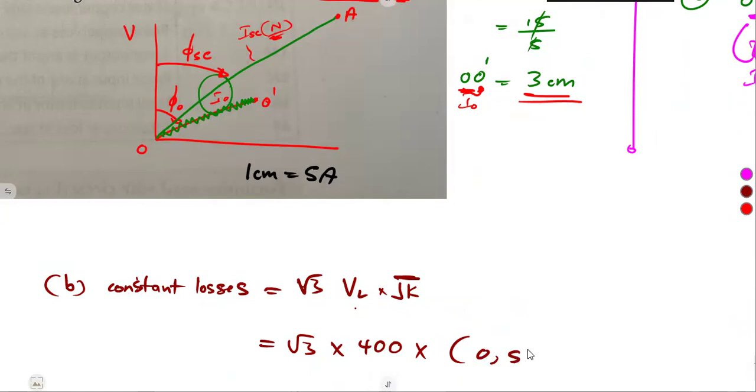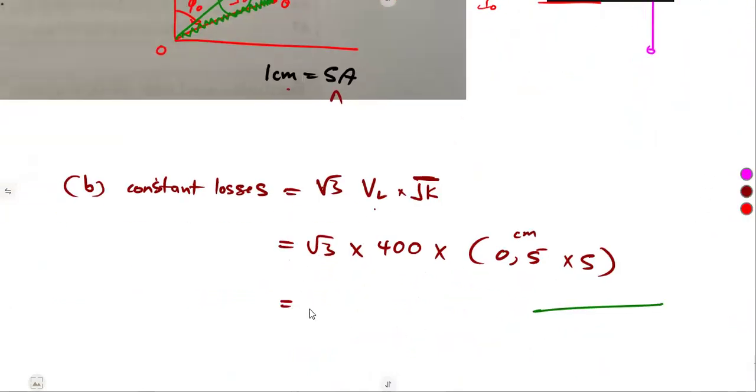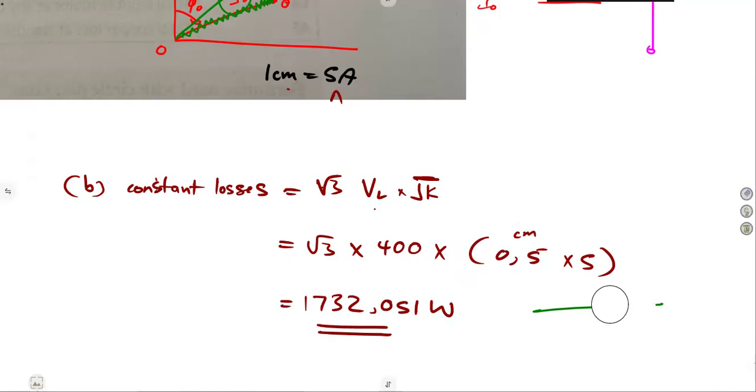But we must multiply by the scale. Remember, each centimeter represents 5 amps. So we multiply that way. That was going to give us 1732,051 watts, which you can even convert to kilowatts. So that is our constant loss.